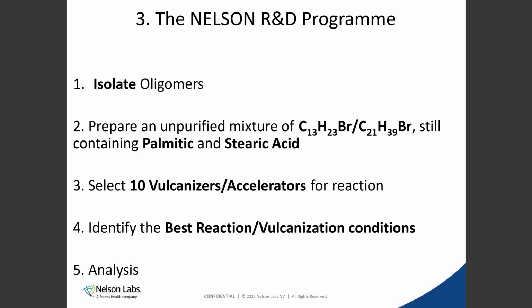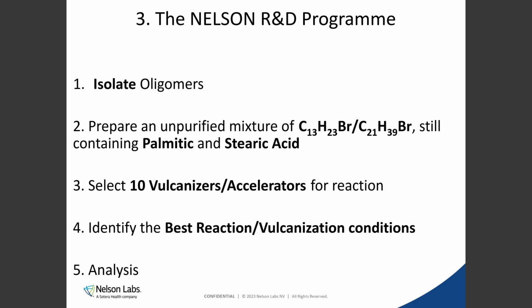So we started quite broad, I think. We decided to isolate the small oligomers, meaning mixtures of the C13 and the C21 fragments, of course with the reactive part, the bromine, on them. And of course also a mixture, because we didn't want to make completely artificial compounds or mixtures. We want to see, would that be possible in real life?